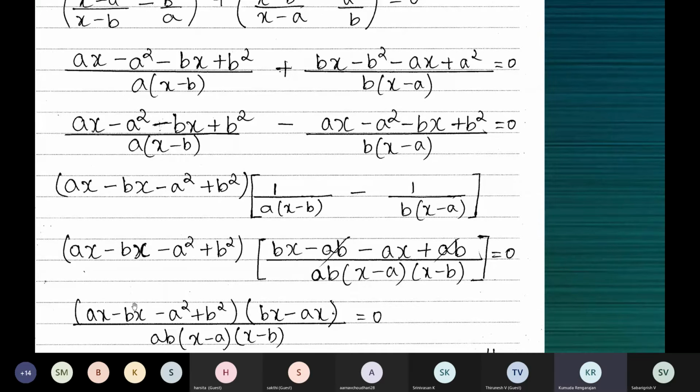This one as it is. This one is BX minus AX. See, it is this multiplied by this fraction. This is a fraction here. This one multiplied by this.